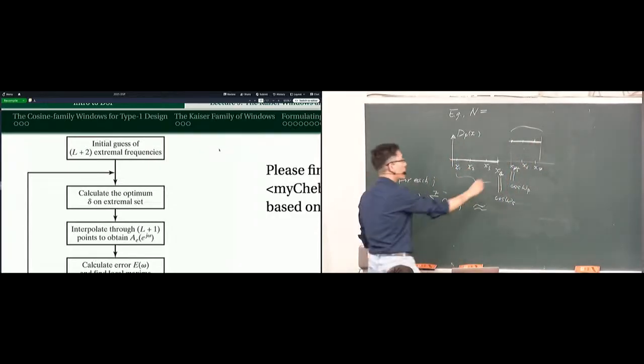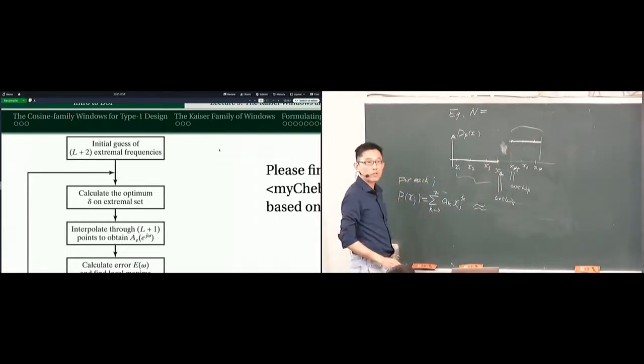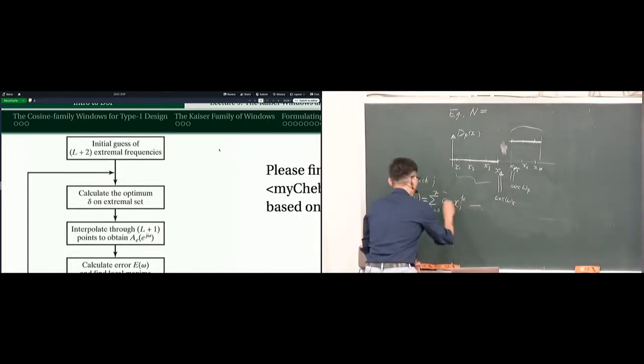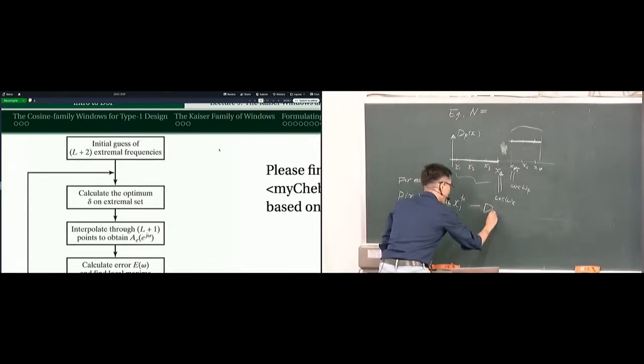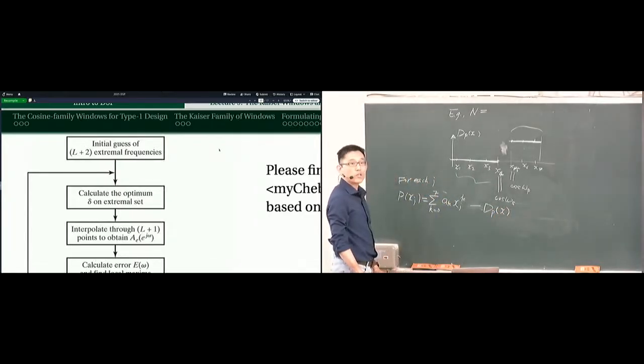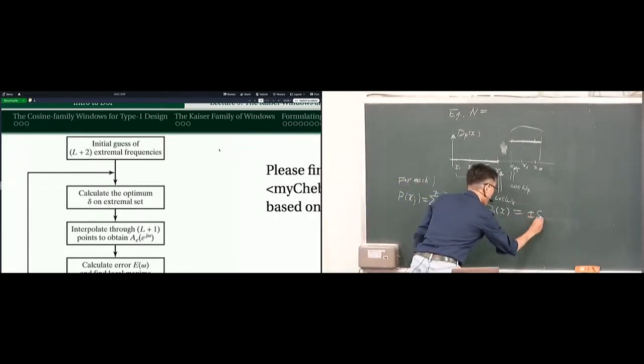By the way, we have a don't care region in between. Hoping everything's going to be fine. So dp of x. Let's say we want P of xj minus dp of xj to be nearly 0 with alternating error, equal to plus or minus delta.